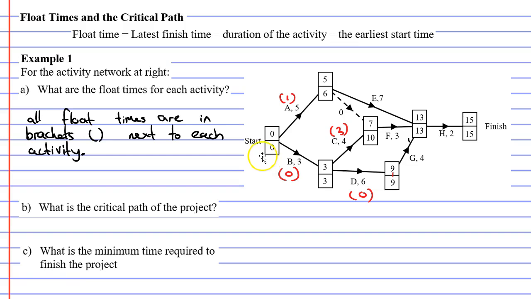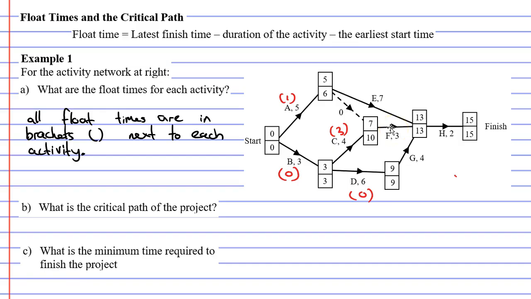It cannot be delayed. All right, let's look at the dummy activity now. Do we really need to calculate the float time for the dummy activity? I mean, it's not a real activity. So why do we care whether we can delay an imaginary activity? Well, there might be a couple of uses for it. For instance, if I want to move from activity A through to activity F, is there some sort of a delay that I can have between these two activities?